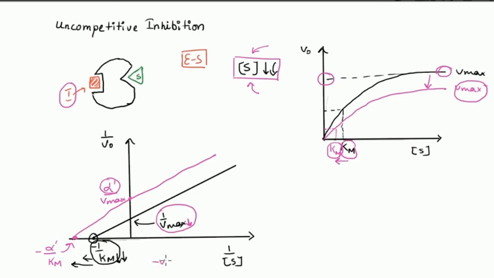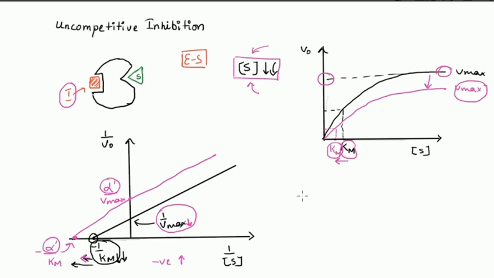Now it becomes more negative, so it shifts towards the negative end of the graph. And this shift is also by a factor of alpha dashed, so we get a new Km, which is alpha dashed by Km.